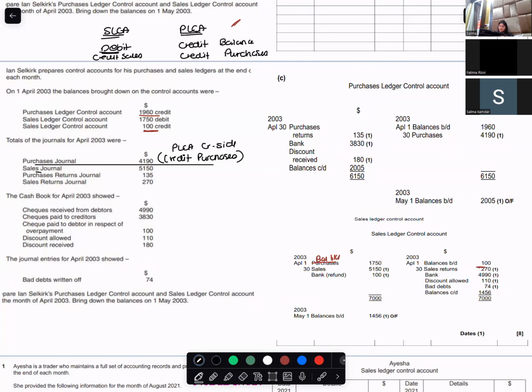Sales journal. What does the sales journal give you? Credit sales. Will come where? In the SLCA. Which side? In the debit side.